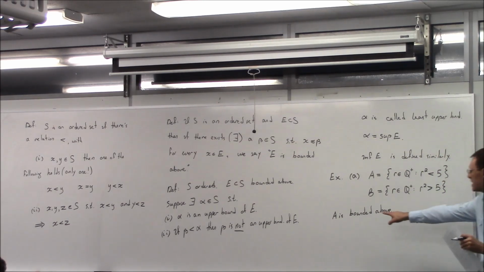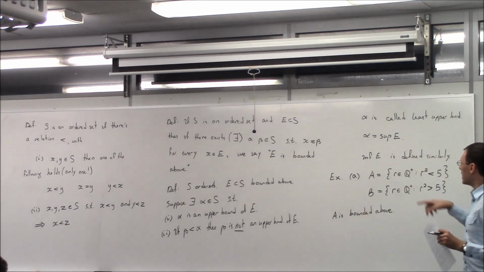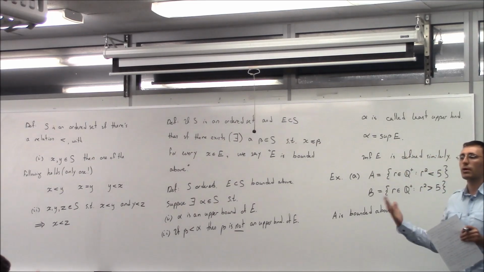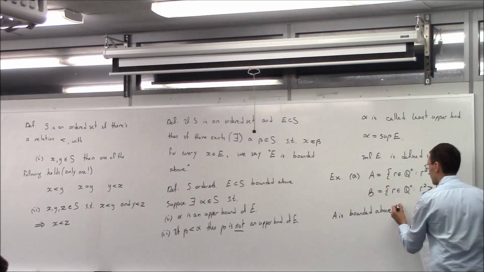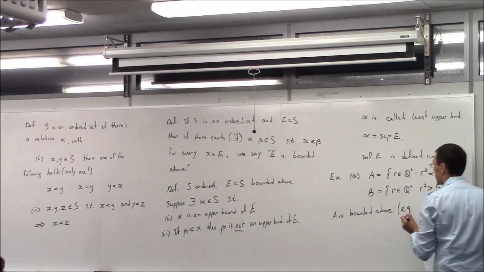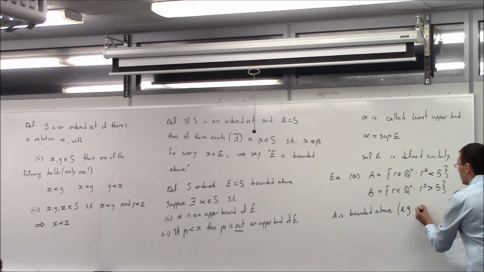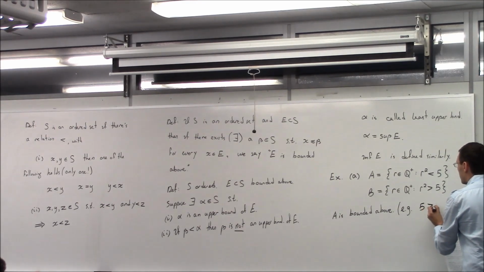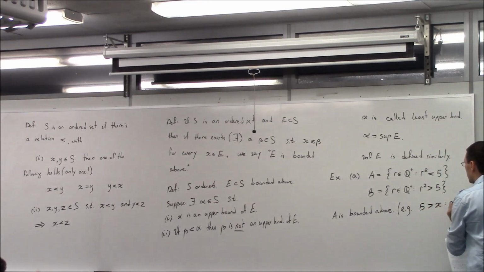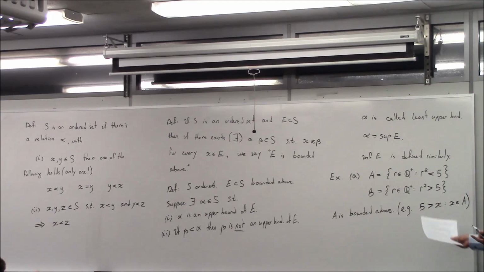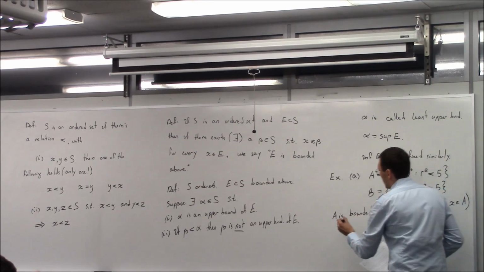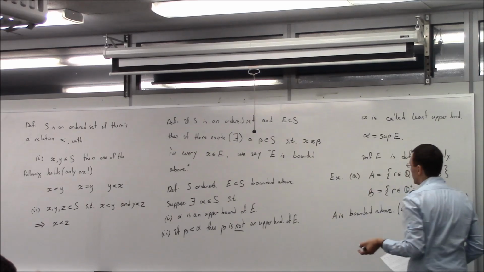A bounded above means that there is a number bigger than all the numbers in A. Give me one such number. 5, right? 5 is bigger than x, where x is an element of A. Okay? So there is a number bigger than any element in A. You might even say that every element in B is an upper bound of A.